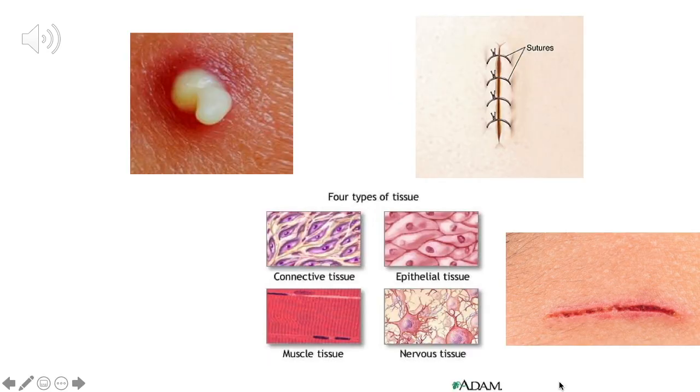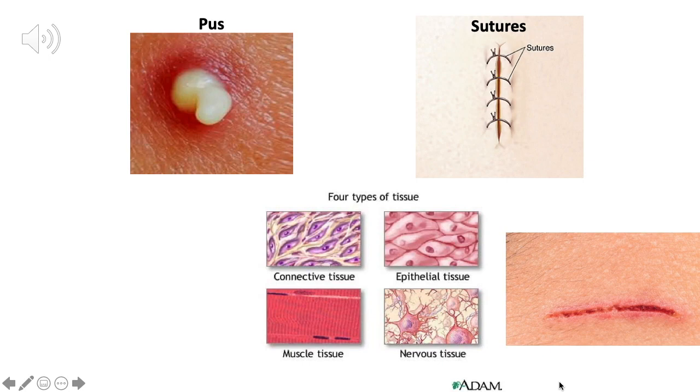The different terms that we have in the different pictures. In the first picture, we have a picture of pus. And here we can see pus is a yellow substance that comes from an infected part of the body.